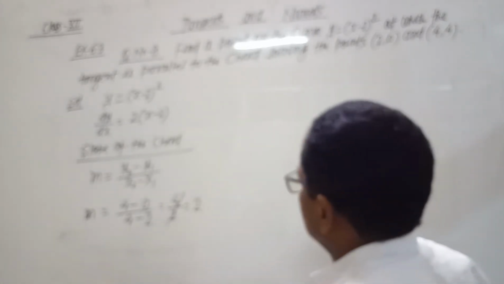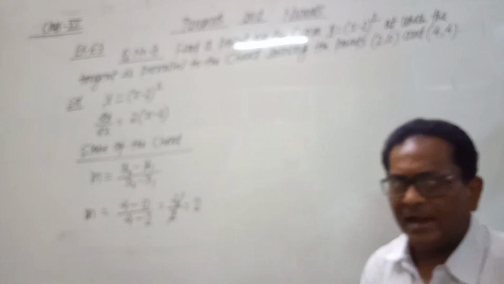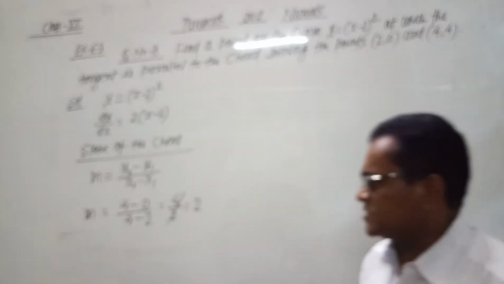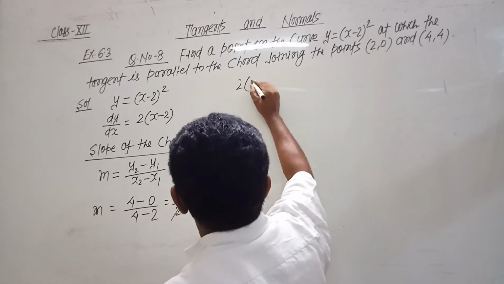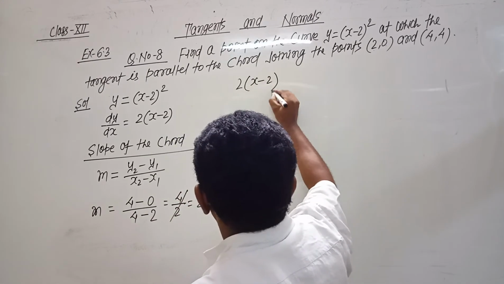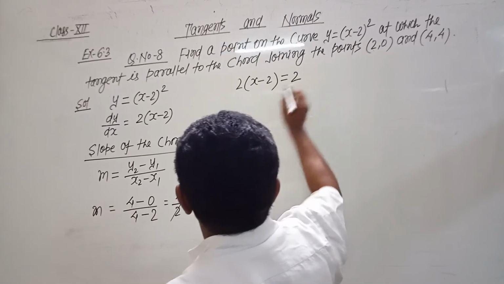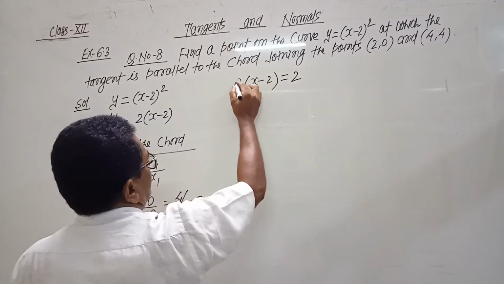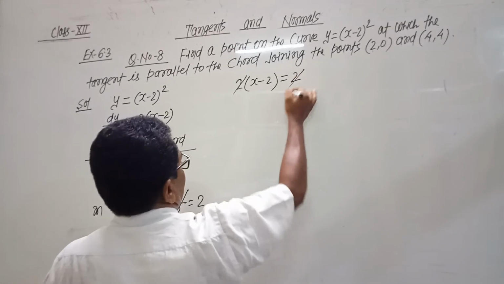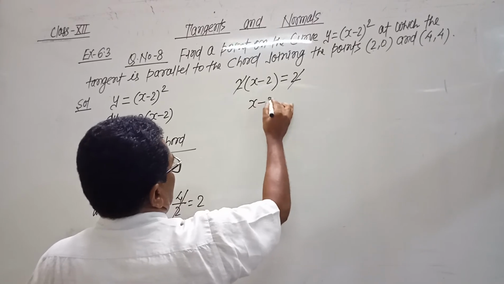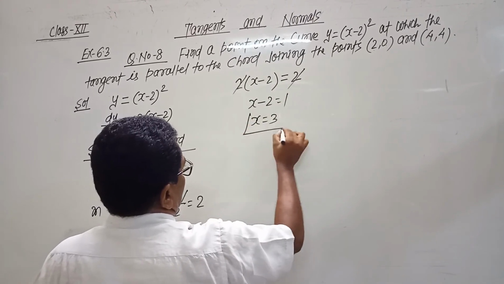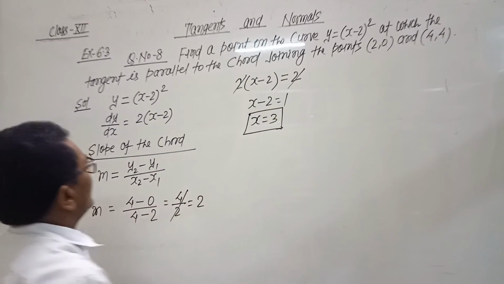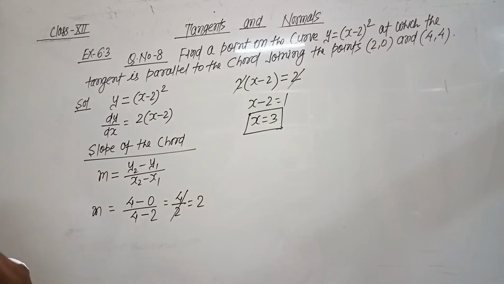So if two lines are parallel, then their slopes must be equal. So equate their slopes: 2 into (x minus 2) equals 2. Then 2 and 2 cancel, and x minus 2 equals 1, and the value of x comes to be 3.